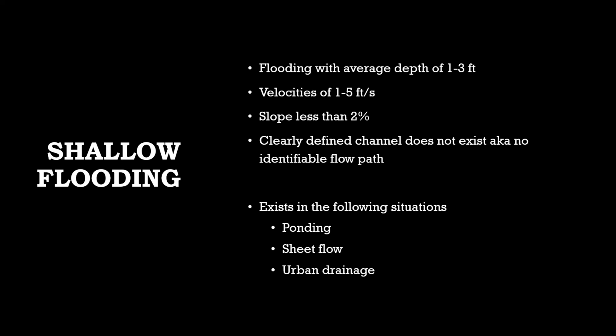Ponding doesn't. So that's one of the differences. Slopes are less than 2%, and usually a clearly defined channel does not exist, aka no identifiable flow path. Those types of flooding are ponding, sheet flow, or urban drainage, which we don't see a ton of, but we could.